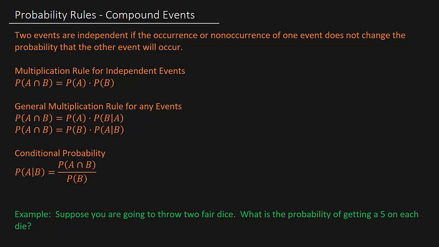All right, so two events are independent if the occurrence or non-occurrence of one event does not change the probability that the other event will occur.